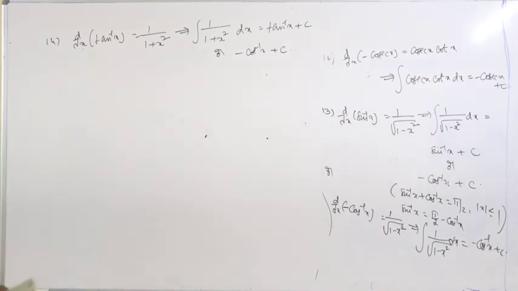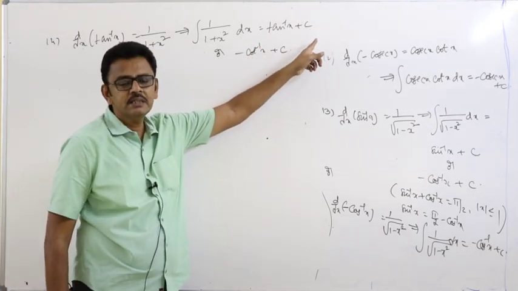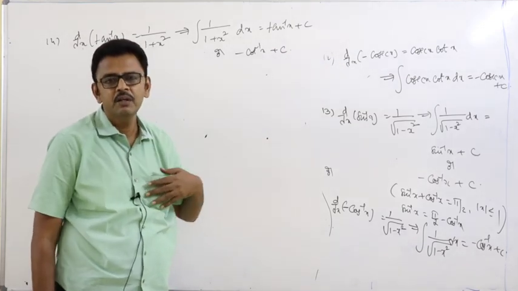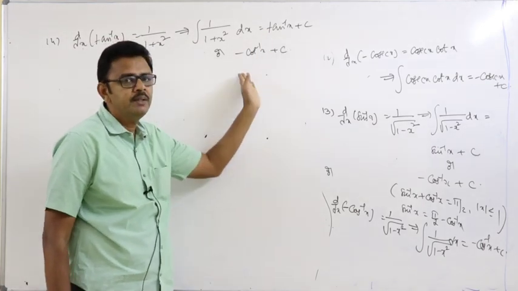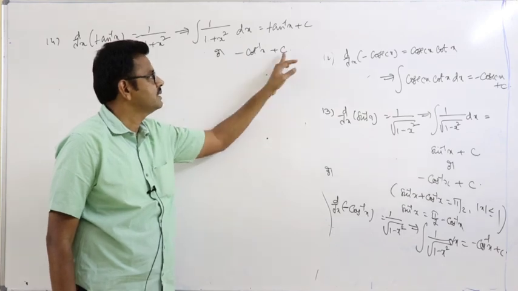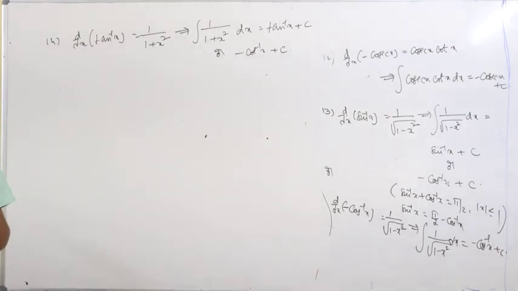This is also the same, since tan inverse x plus cot inverse x is equal to pi by 2, where x belongs to R. So tan inverse x equals pi by 2 minus cot inverse x. Pi by 2 is a constant, so minus cot inverse x plus c.